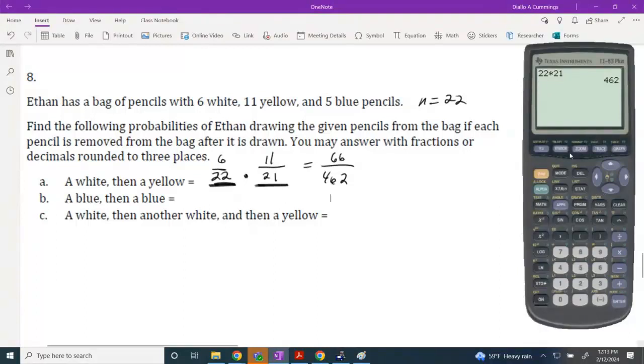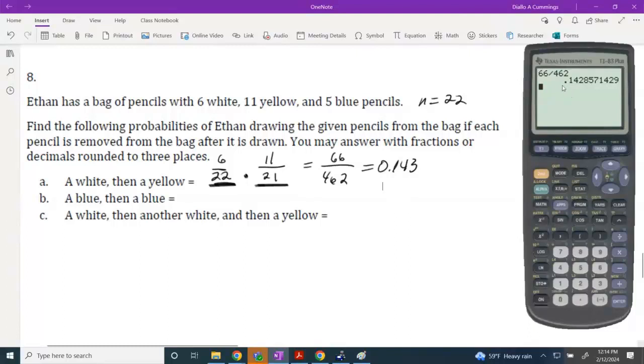They want us to answer it as a fraction or a decimal. If you're answering it as a fraction, you want to make sure that your fraction is in lowest terms. You can actually force your calculator to do it, and I'll show you how. If I divide 66 by 462 and round to 3 decimal places, we should have 0.143. Now I can see if my calculator will convert this to a simplified fraction.